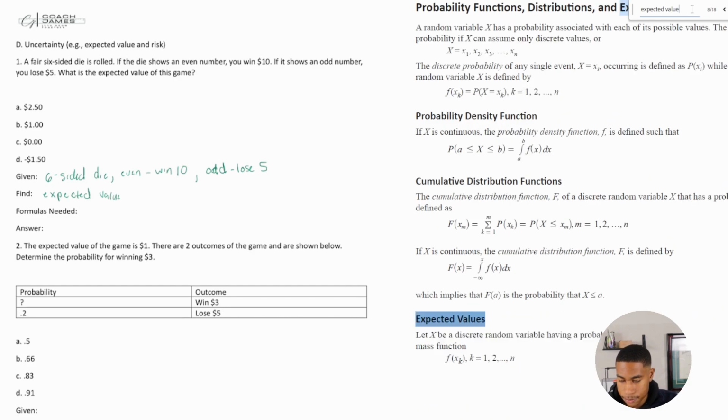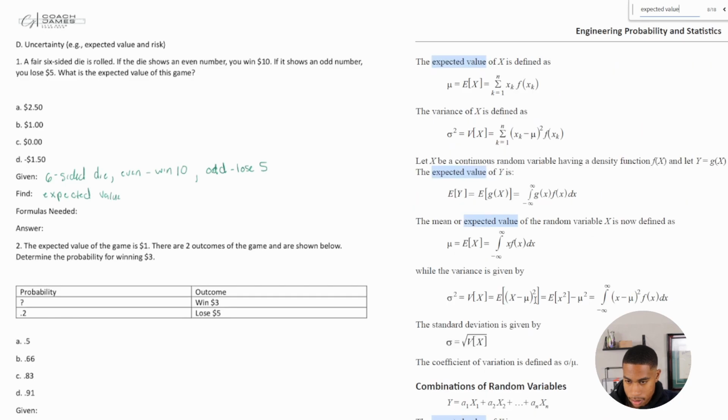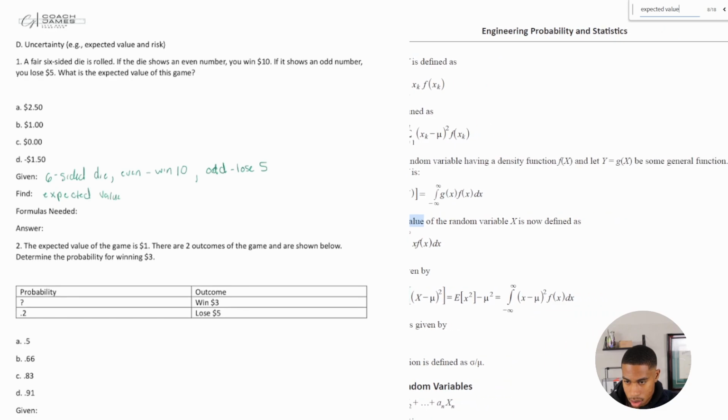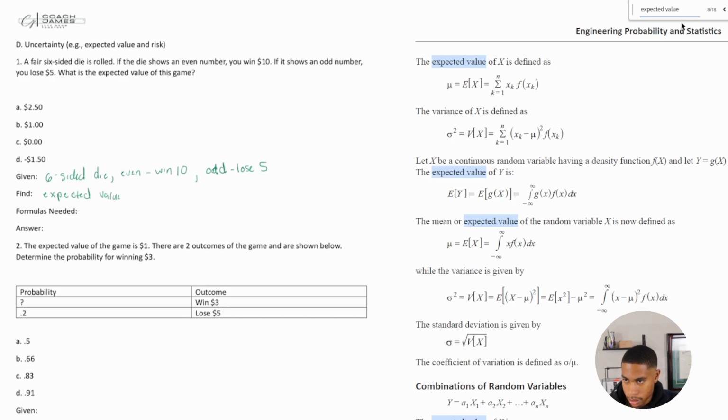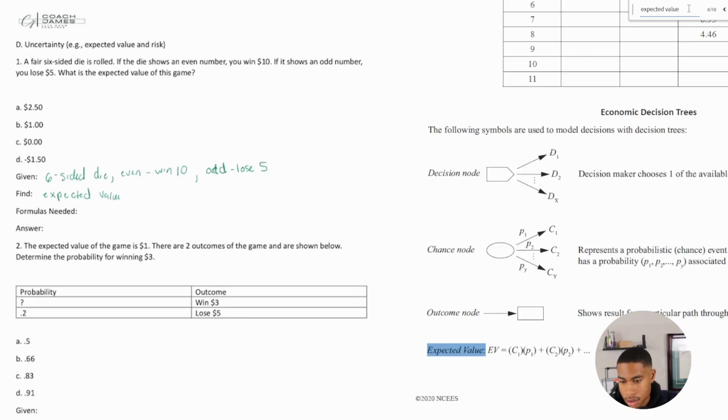That's not really helping me. Let X be a discrete random variable having a probability mass function. All right, so we're given probability and we're given outcomes. We're in the probability and statistics section. I don't think we need to be in this section. I think we need to be in the engineering economics section. Okay.